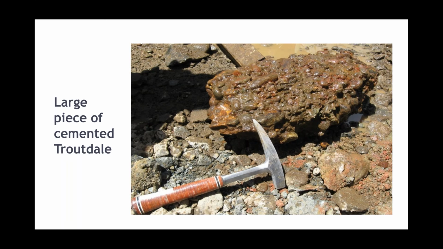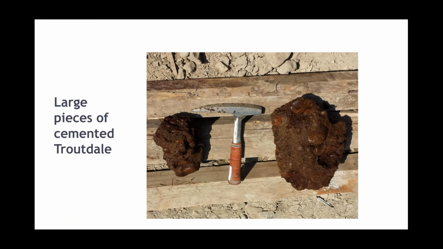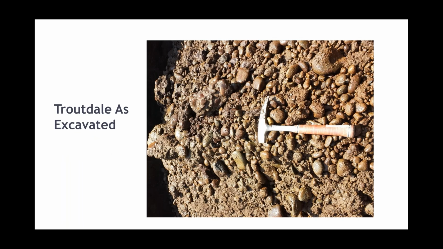So that transition is very important. And so each yard of material that comes out in the grab, our engineer is down there looking at to try and verify the material that we're seeing, that we're relying on. And just a few more pieces of cemented Troutdale. But as we're excavating the shaft, remember we're doing it with a big grab. And so when several yards come out in each bite, and it goes over to the spoils barge and dumps in the spoils barge, a lot of that weak cementation gets destroyed.